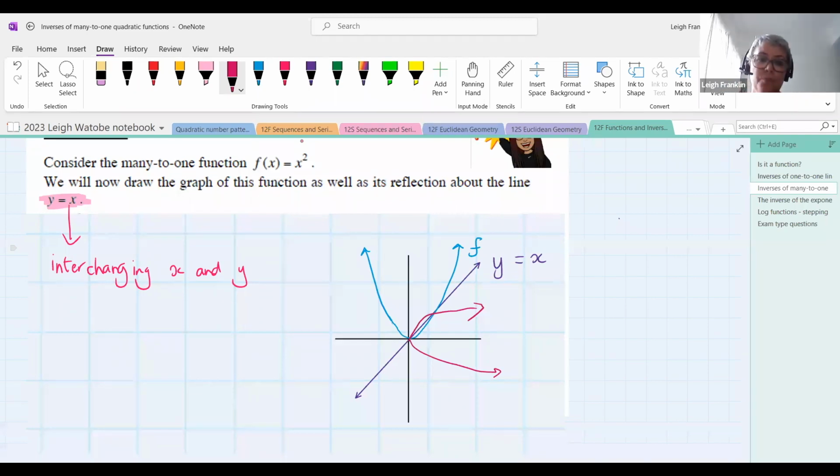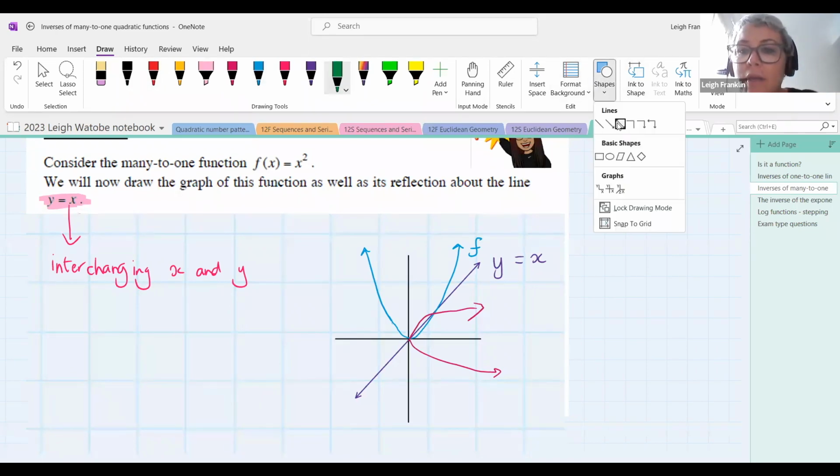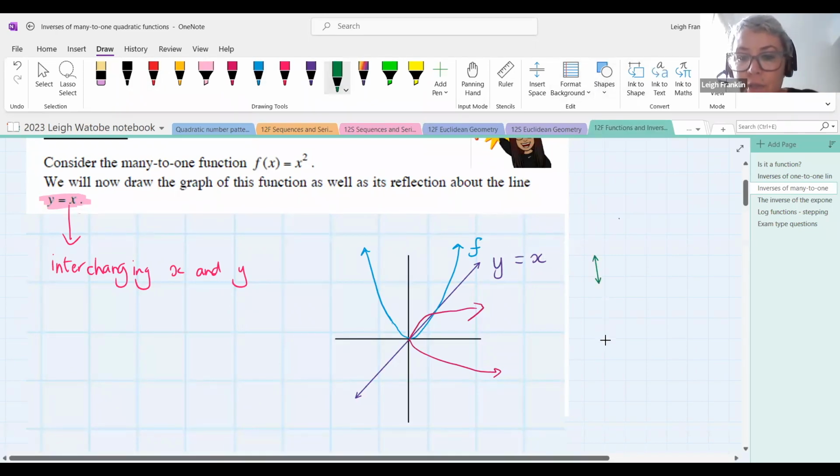If we now consider what we were talking about before, this line that I have drawn in a lighter purple or red color is going to fail our vertical line test. Let's take a green line and put that on here. Here's our vertical line.